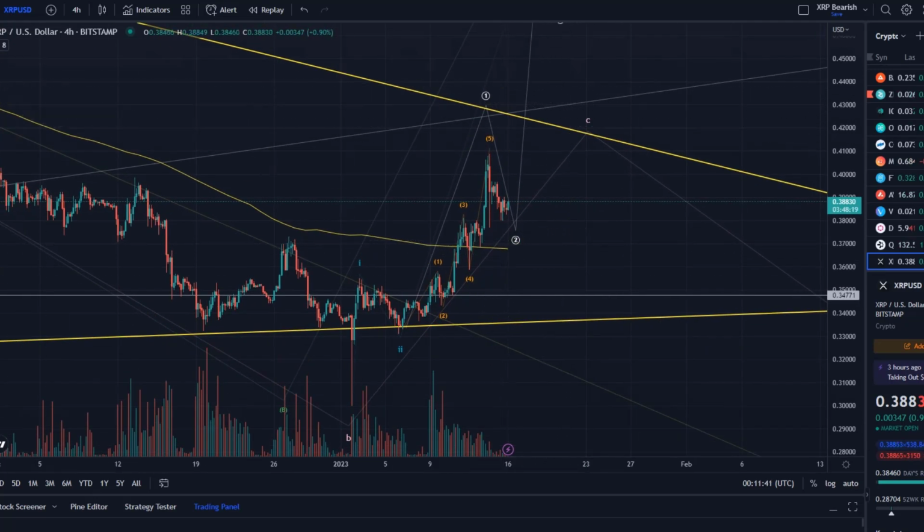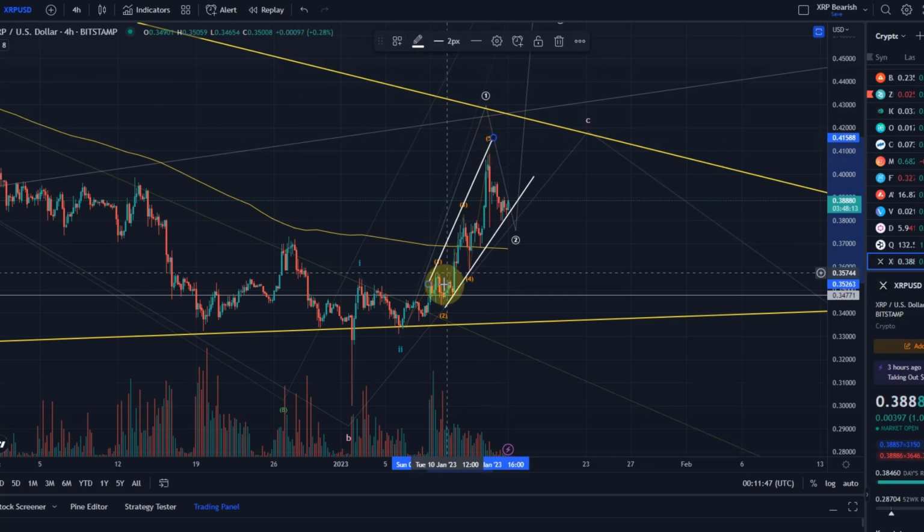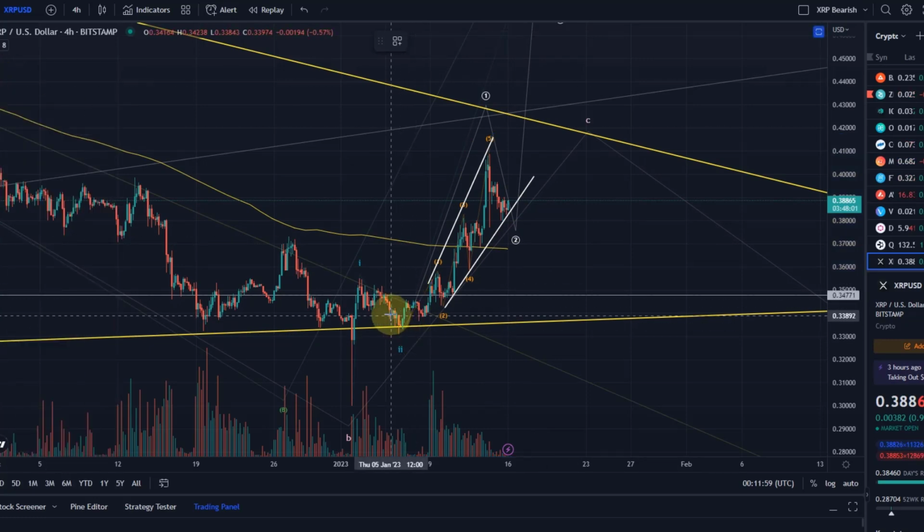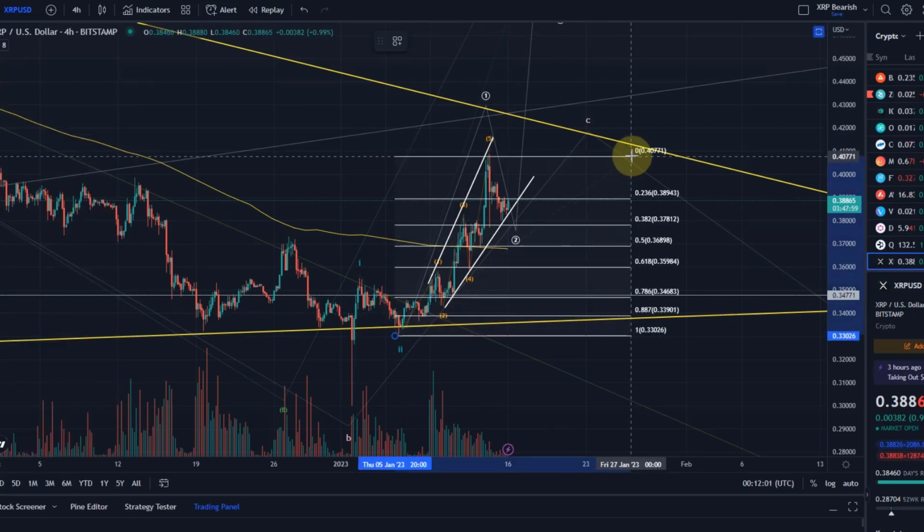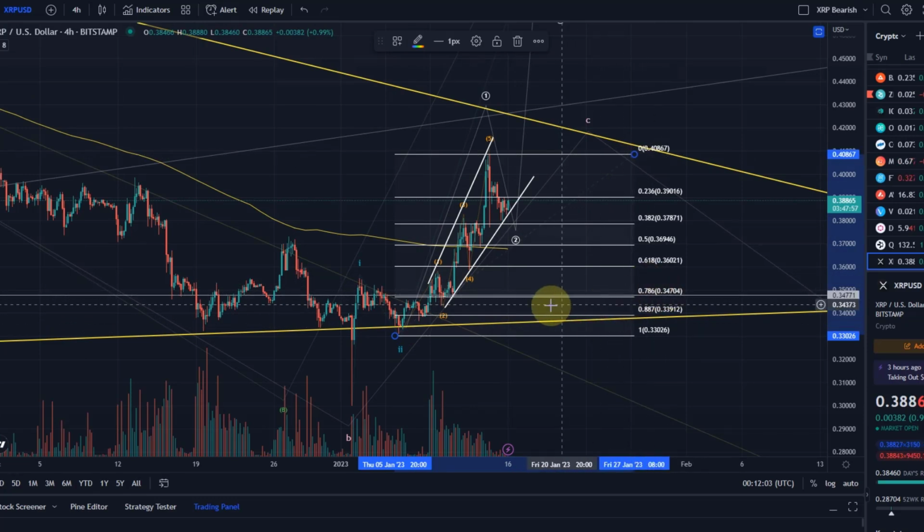We've got a bit of an ascending broadening wedge pattern here, which is a rather bearish pattern. So these often break out to the downside, which means, again, be on the watch out for further downside here. If this is a wave 2, it can come down all the way to 34.7 cents.